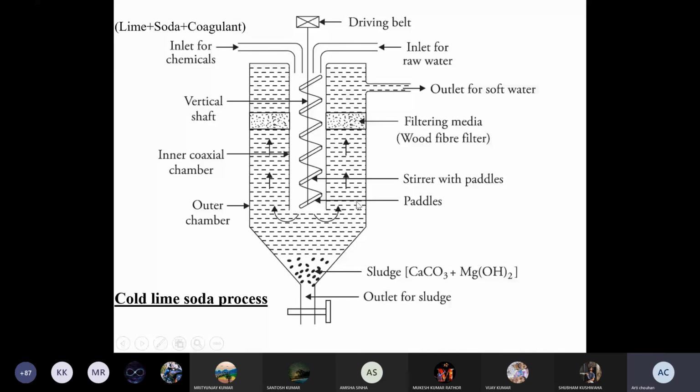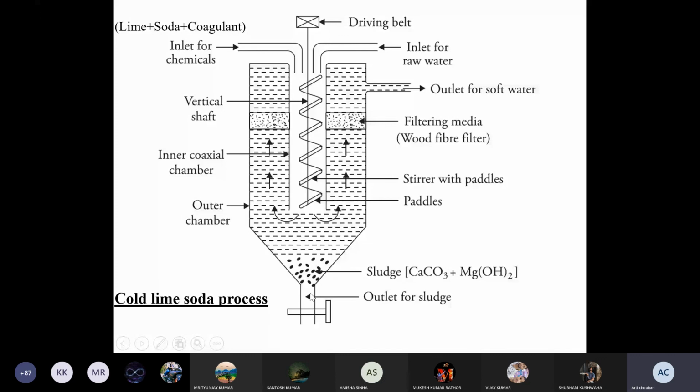These are in the form of sludges, which undergo sedimentation, and from time to time after forming, these precipitates or sludges are filtered out of the tank with the help of the outlet by a blow down operation.